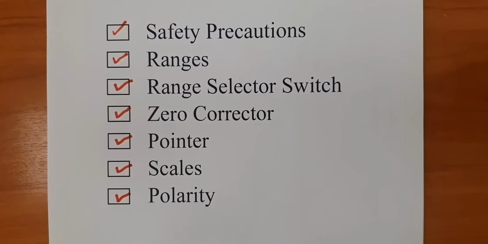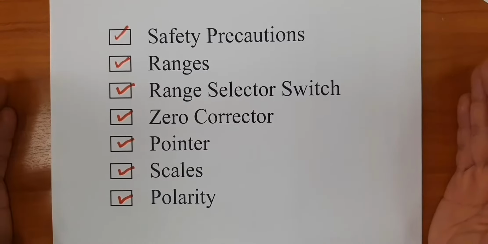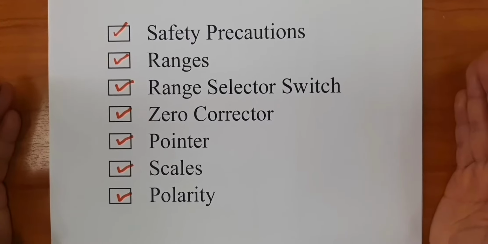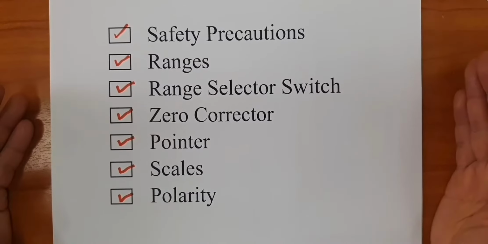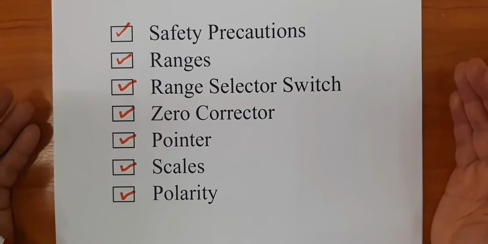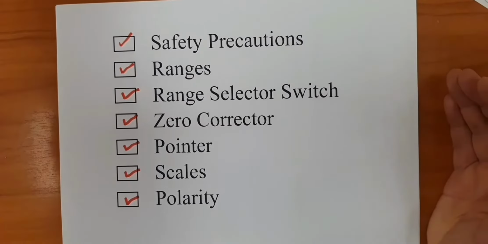If you remember our video last week, I had explained all these things to you. So I think there is no need for me to repeat this subject matter. So we will proceed to the DC ammeter.